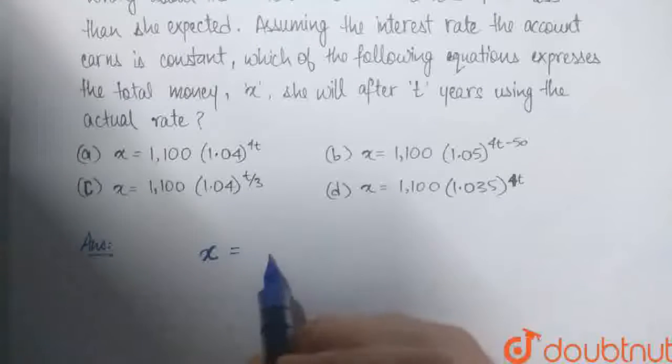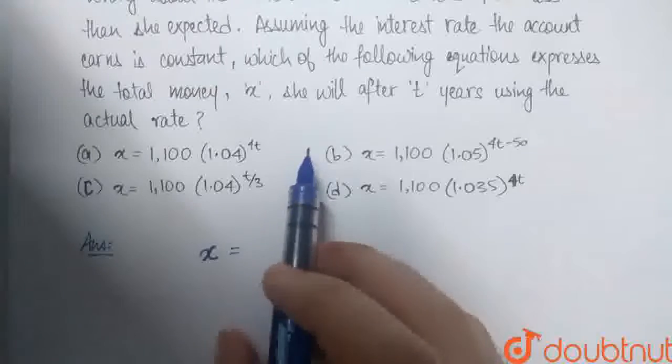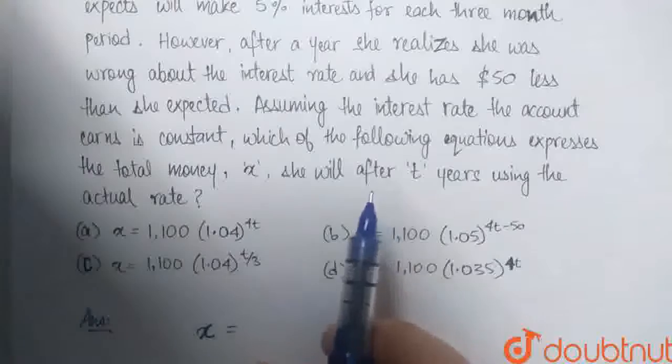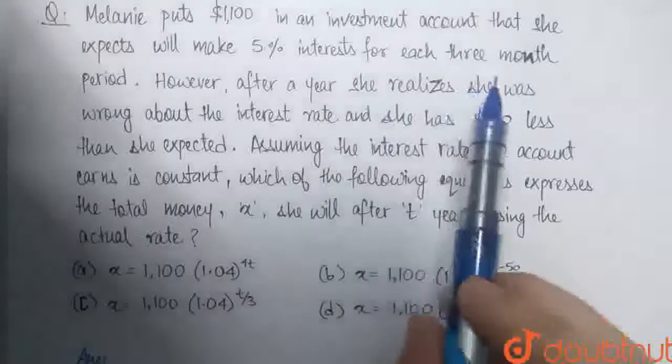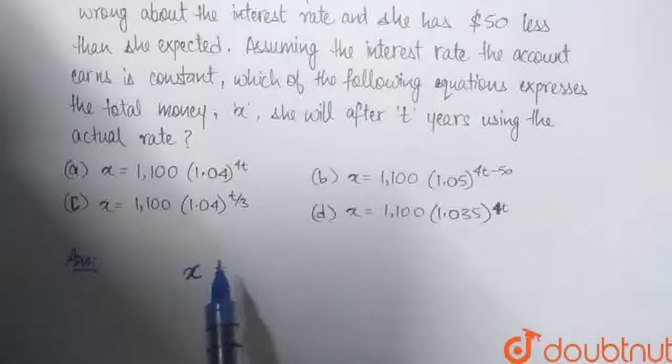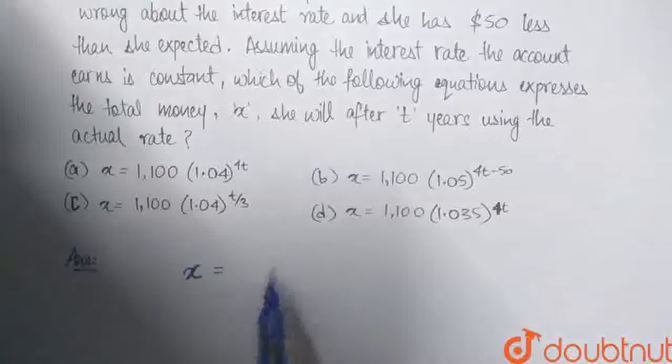So we have to make an equation for X. After a year, the interest she was earning was for a 3-month period, right? 5% interest for each 3-month period. So there are 4 sets of 3 months in a year, a total of 12 months.